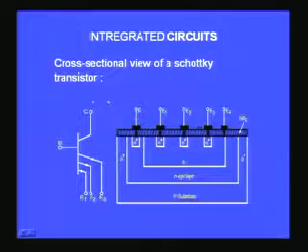There is another advantage in the integrated circuit design, and that is from the same transistor you can have multiple emitters. This is an example of a Schottky transistor, where you find this is one emitter region where that is shown as P, and you have taken 3 n type regions, and you can take 3 emitters. These 3 are emitters, this is the base and this is the collector.